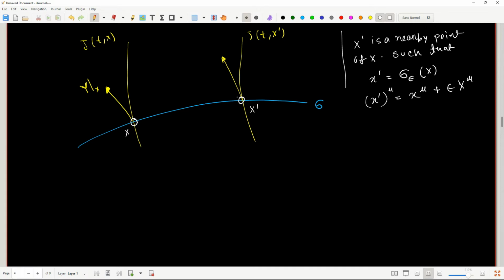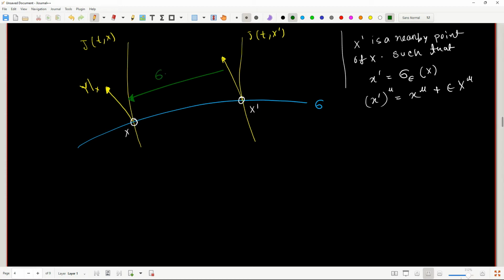If we had both of them at the same point, then we could define a subtraction. But this can be done. We can actually compare these two vectors, and the idea is to use the push forward mapping. That means you push forward the vector at point x prime to this point x, and you can easily figure out what that push forward mapping is.